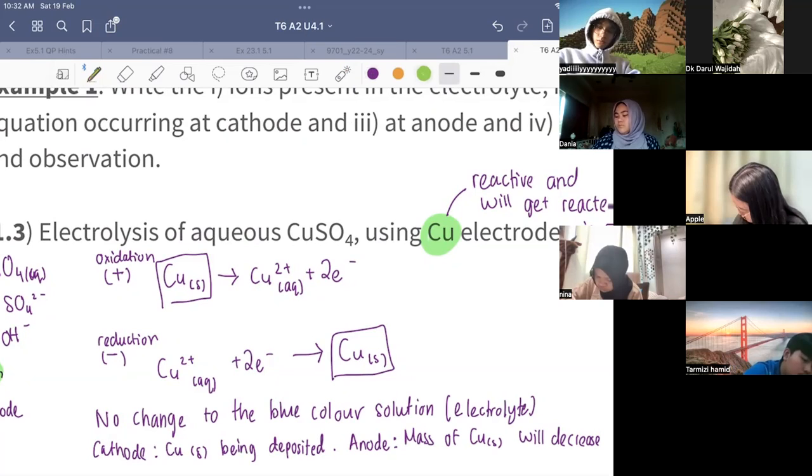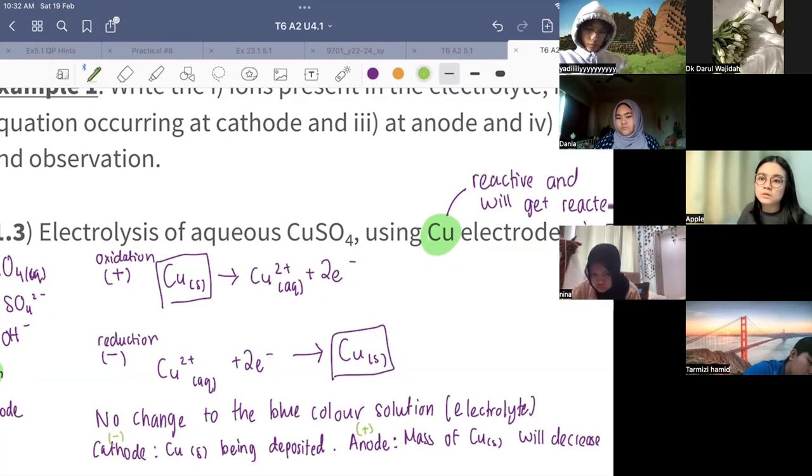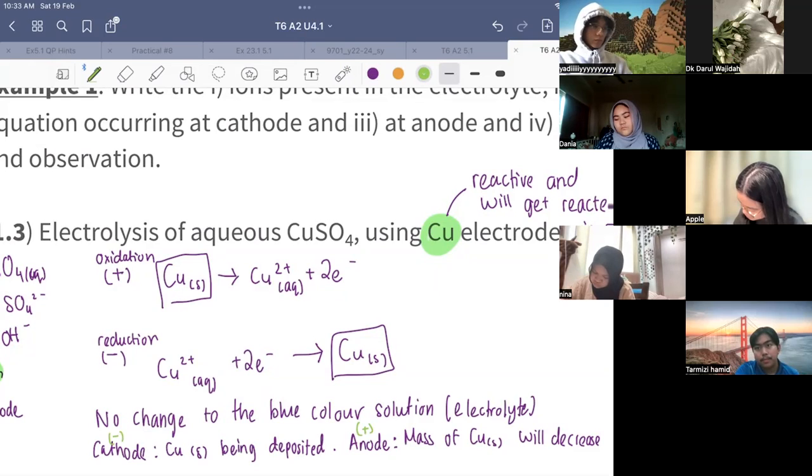Okay, so anode is positive, cathode is negative. Please correct me if I get it wrong at any point because I always get my labeling confused, especially with the cathode being negative, anode being positive, and also my oxidation and reduction. So just check as we go along.